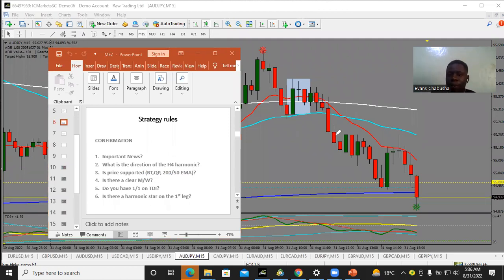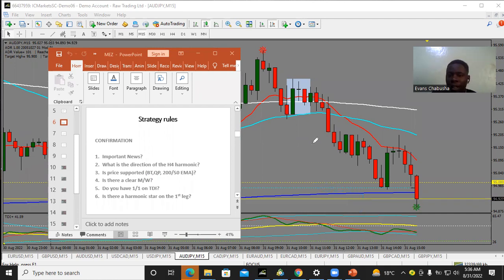Okay, so I'll enter here. My profit will be, look at these lines here now. You have the yellow line, which is the quarter point, the blue tracer, and the blue line there, which is my blueberry.